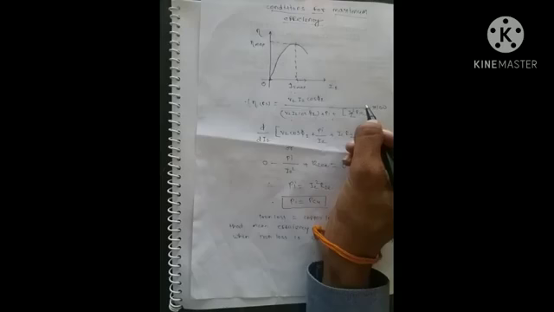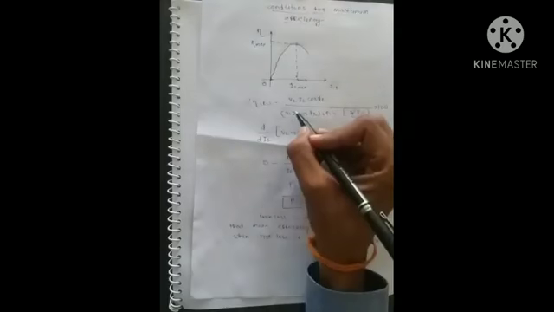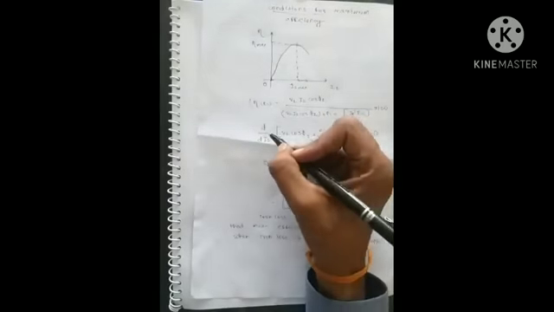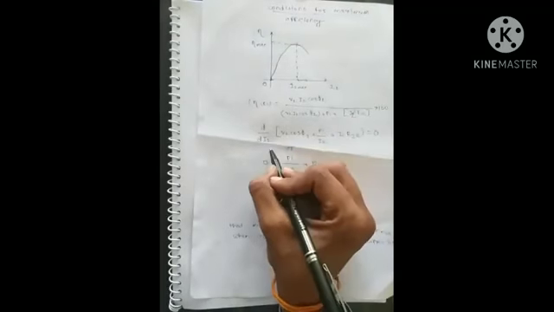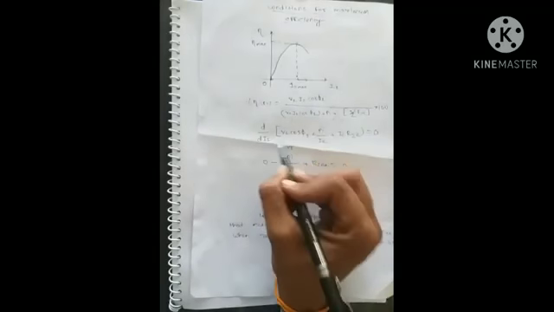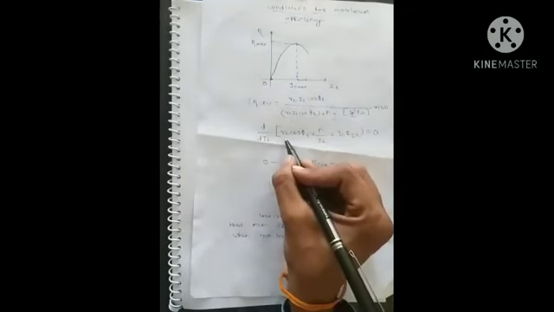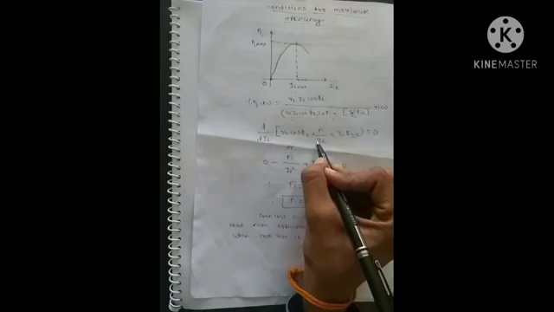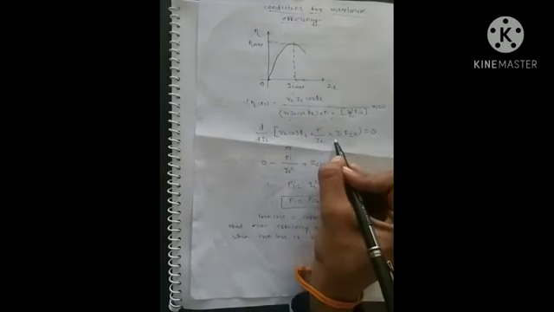So the efficiency will be maximum if the denominator is less than the numerator. So we take the derivative with respect to I2. The derivative with respect to I2 of V2 cos phi 2 plus Pi upon I2 plus I2 R2E.